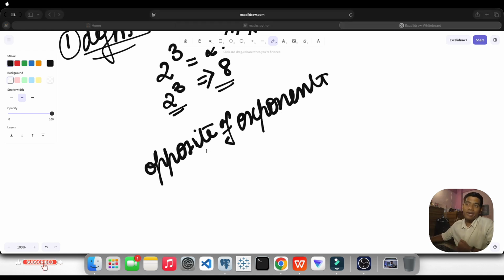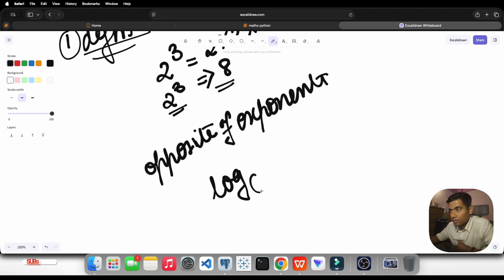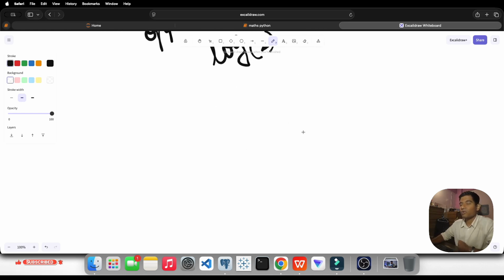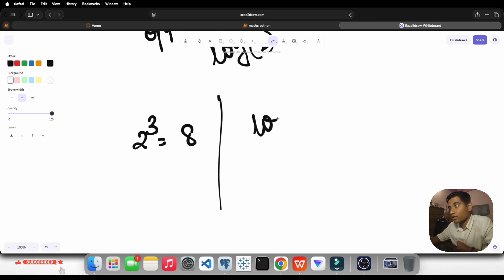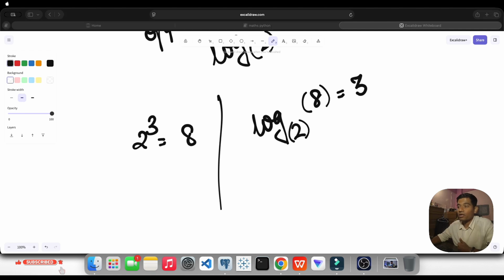So how do we write log? Simple, we write it in this way: log 2 8 equals 3. Earlier we used to write 2 to the power 3 is equal to 8, and in log we write log base 2 of 8 equals 3. Okay? What is it all about?